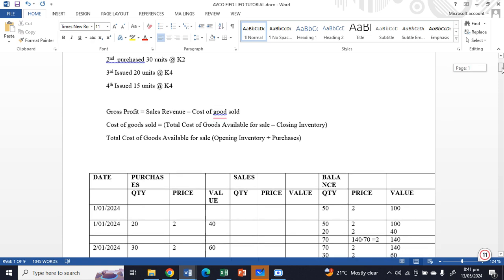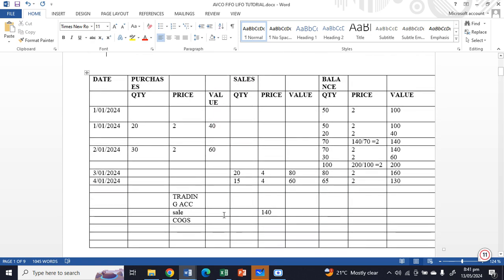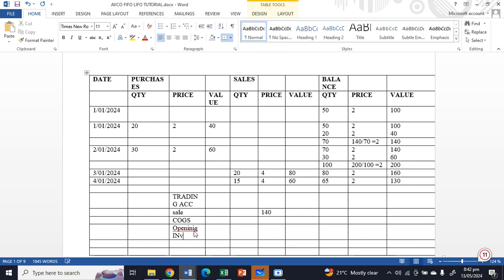So in order to get our total cost of goods available for sale, first we need to get our opening inventory. So the value of our opening inventory is 100 kwacha. Let me highlight these in red so the numbers are not confusing.